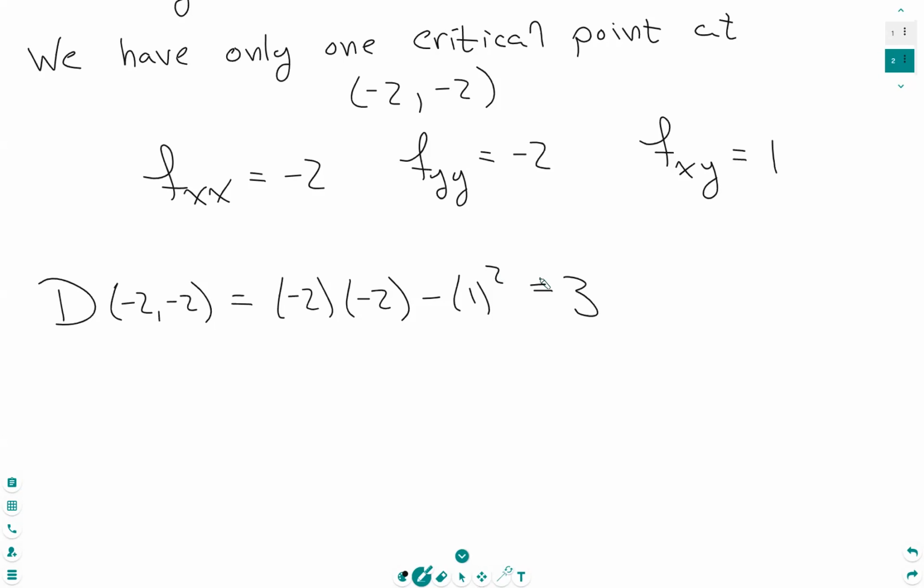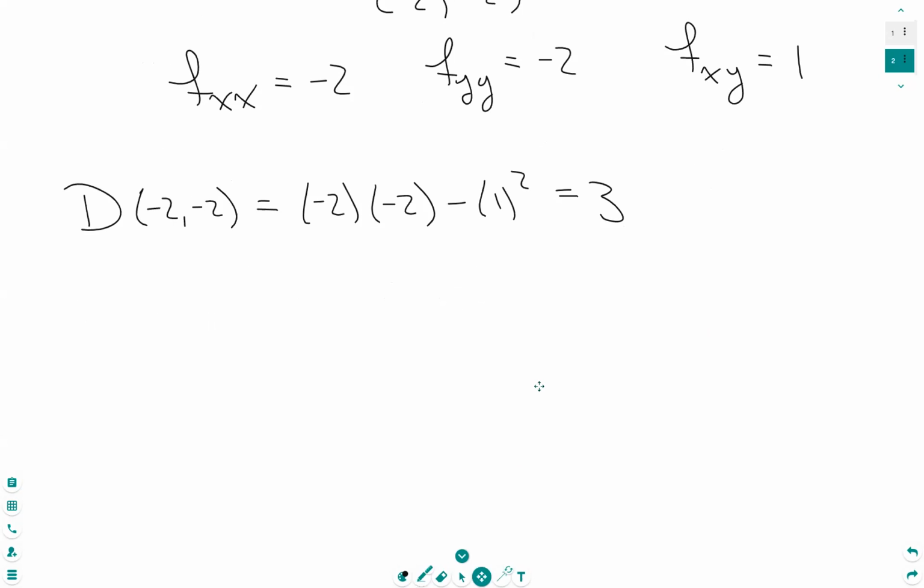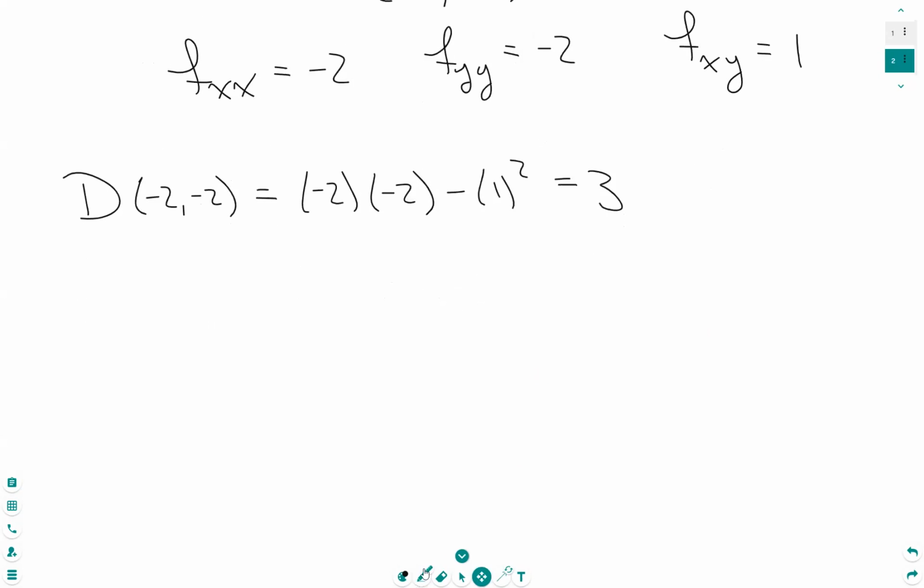Okay, so that means D is positive. D being positive means that we either have a max or a min, so we have to look at the sign of either fxx or fyy.